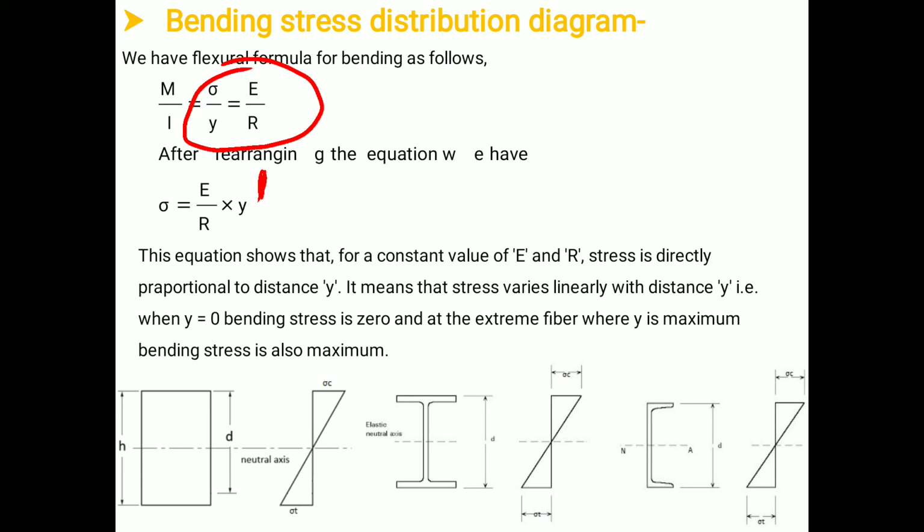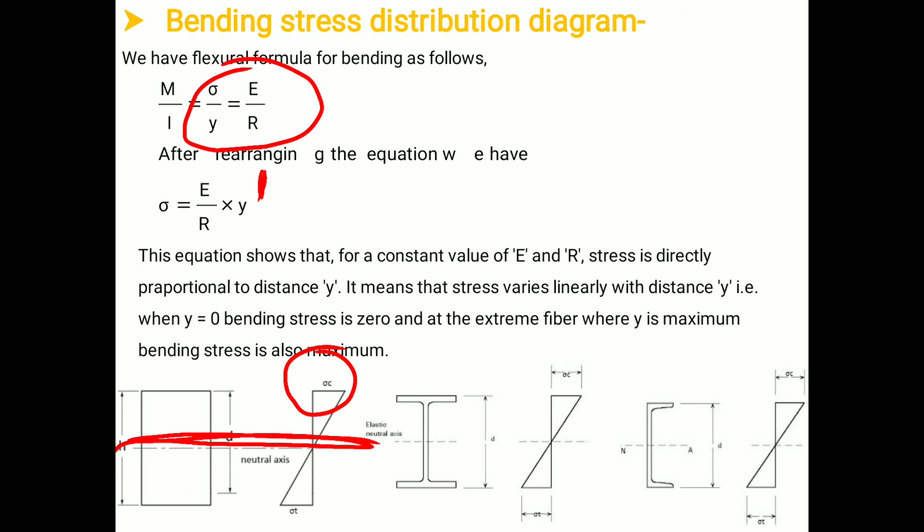First of all, we will concentrate on the rectangular cross section which has a height h. For the height h, I have the bending stress distribution diagram in this manner. This is the neutral axis for the entire section. Above the neutral axis there is compression, therefore it is sigma c, and below the neutral axis it is subjected to tension, therefore we have sigma t.